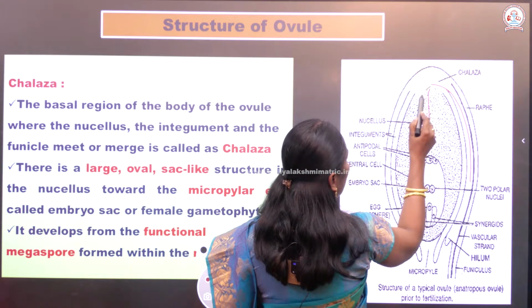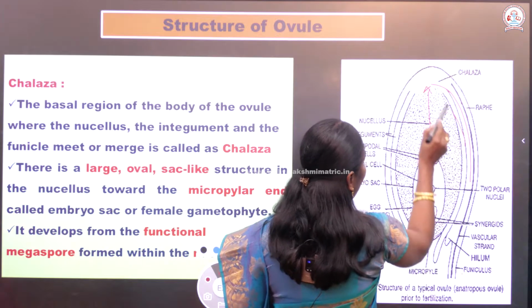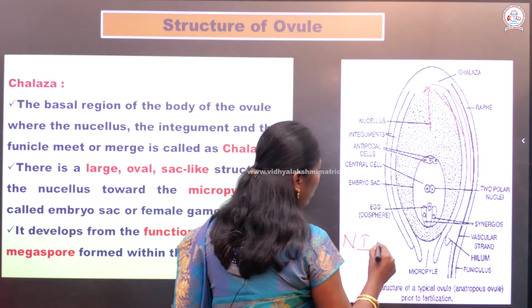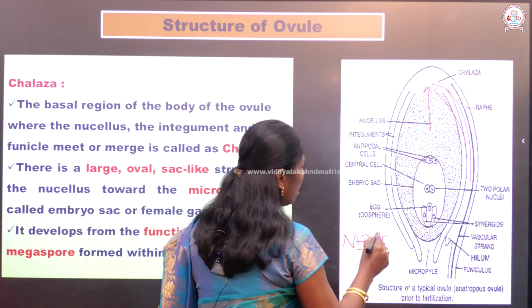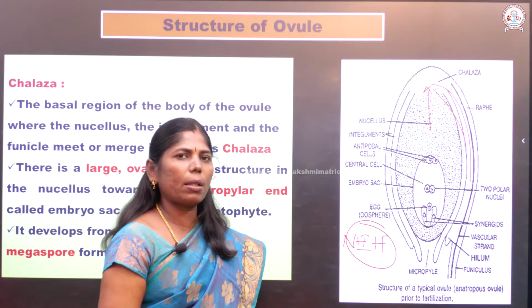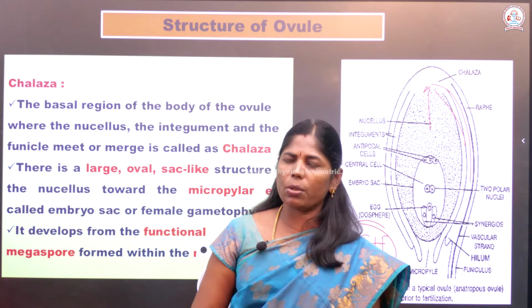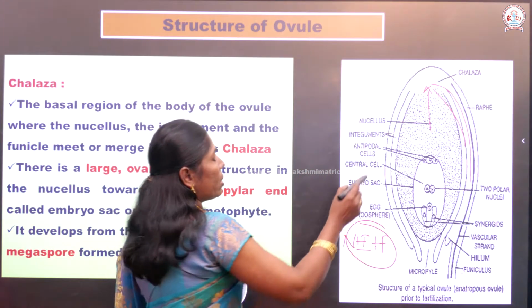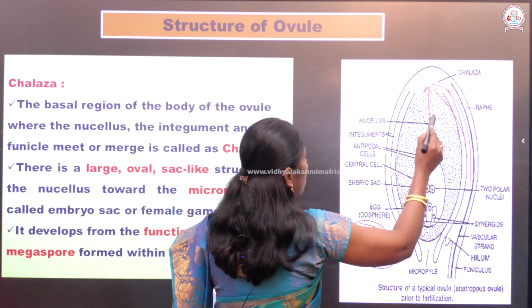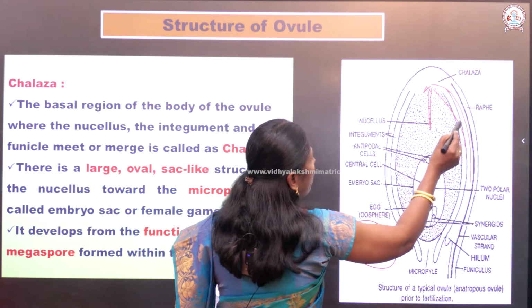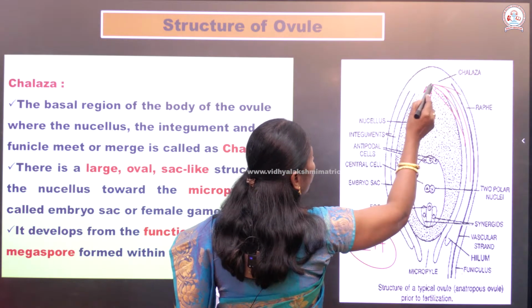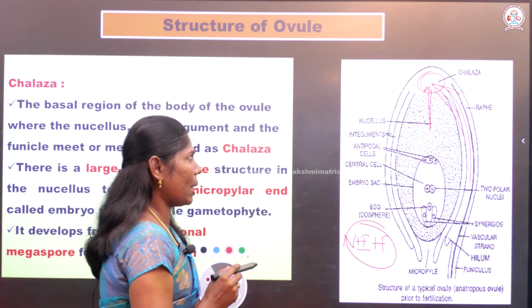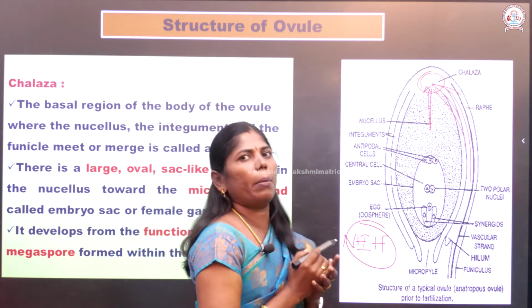That is the nucellus, integument and funiculus. All three are merged in this particular region, which we call the chalaza region. We say the three merge only in the chalaza portion.